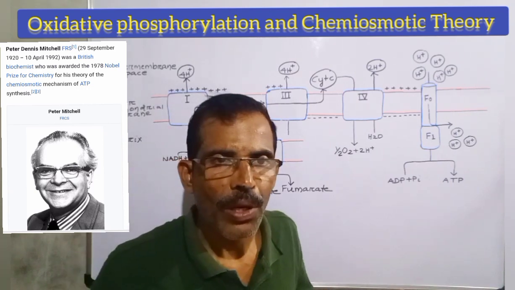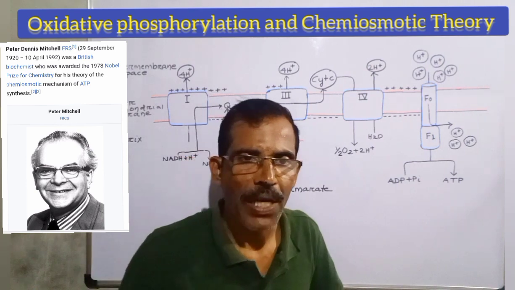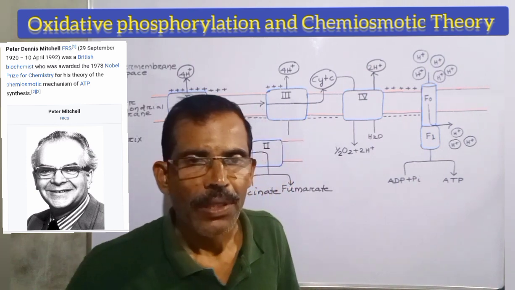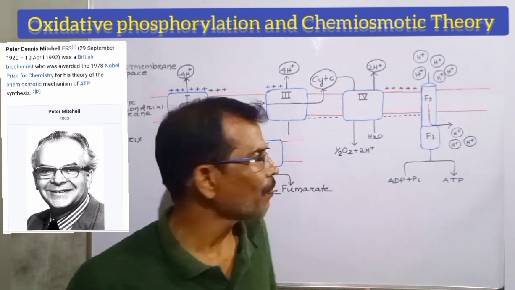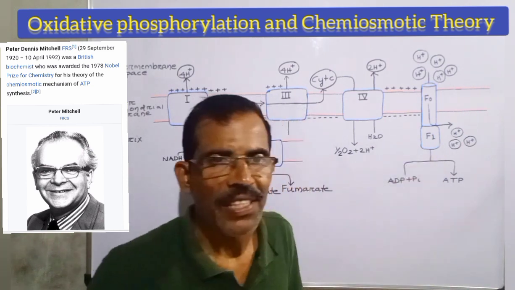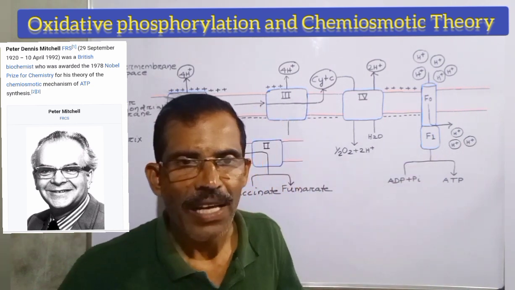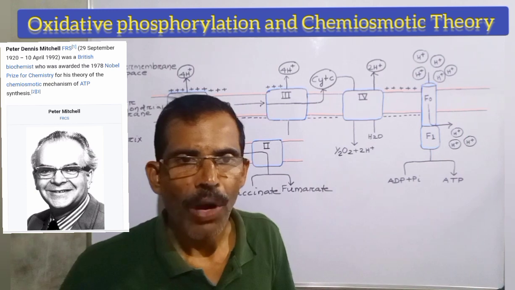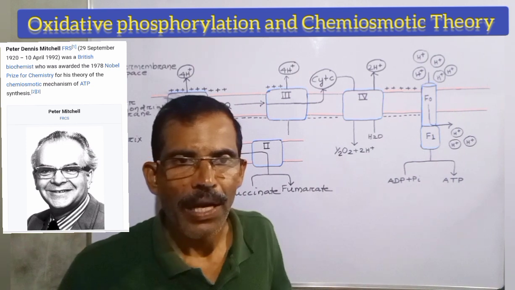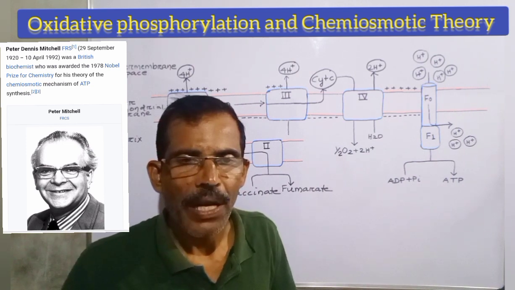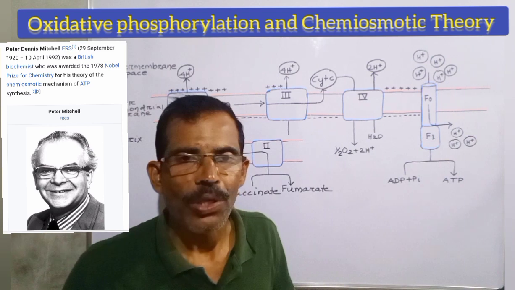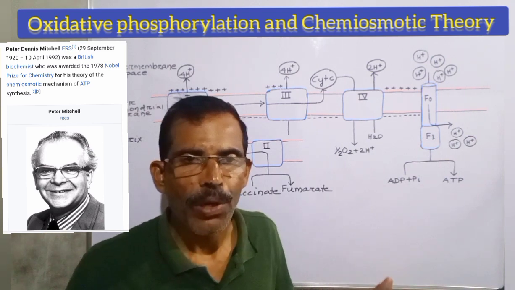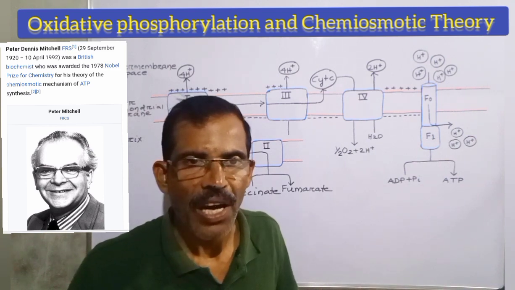This is thought to occur by the binding change mechanism, in which the conformation of F1 beta subunits is changed as the axis rotates from one which binds ATP tightly to another which releases ATP and binds ADP and inorganic phosphate, so that one more molecule of ATP can be synthesized.